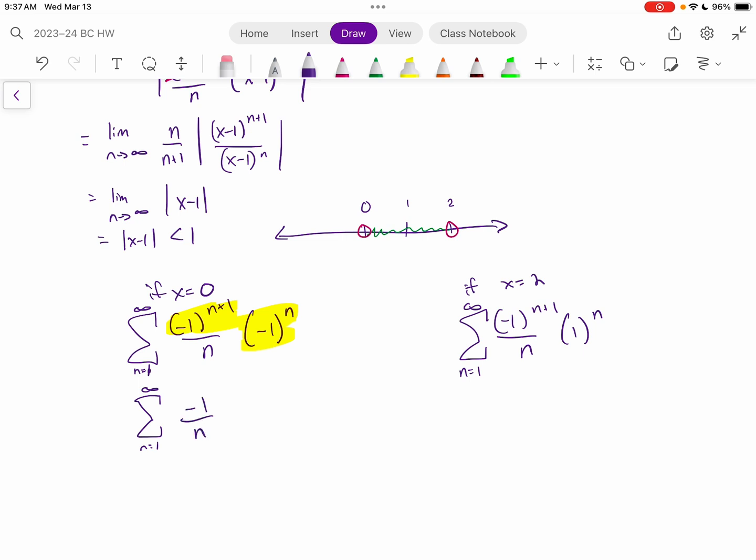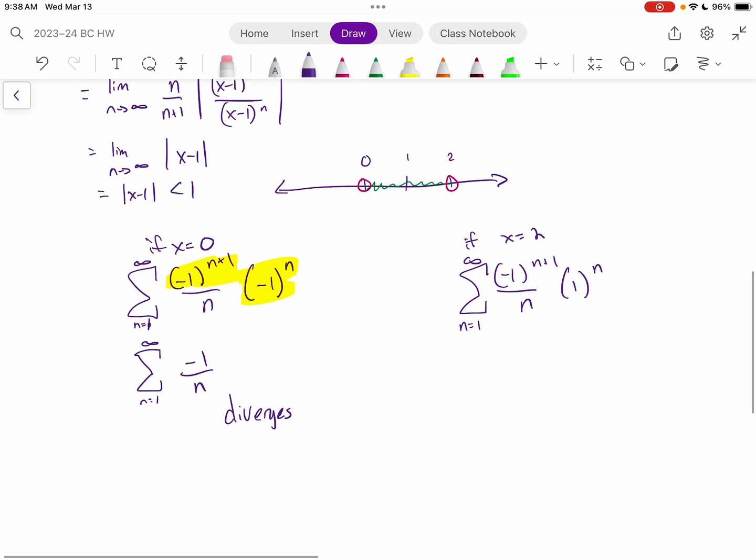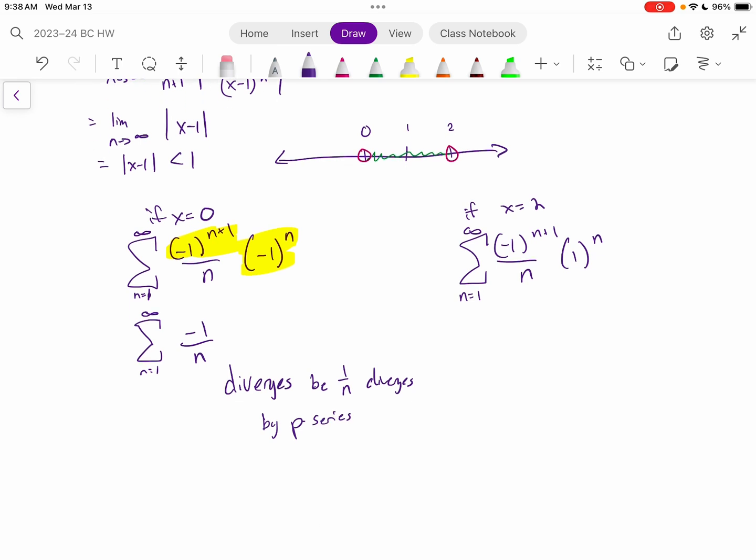The question is, does that converge or diverge? Well, if 1 over n diverges, so does negative 1 over n. So this guy diverges, because 1 over n diverges by P series. And that tells me that 0 is not included, because this thing diverged.